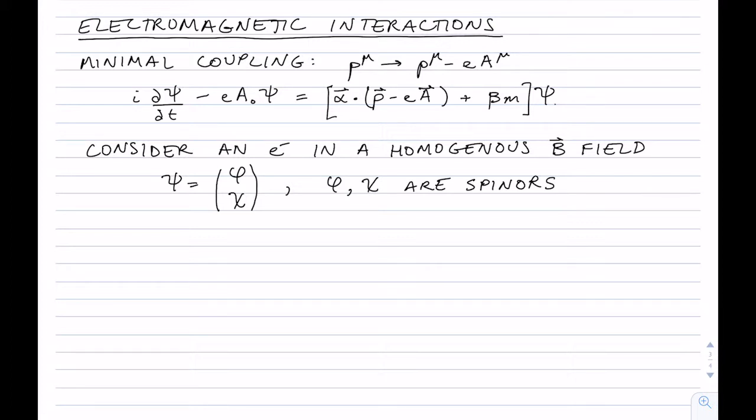So we substitute this into our Dirac equation, and we're going to furthermore assume that it's constant energy.